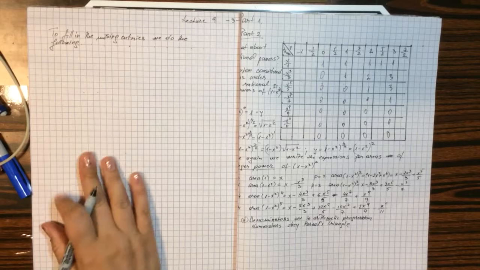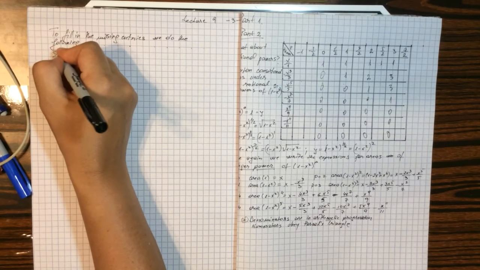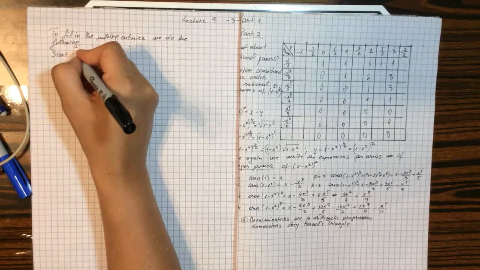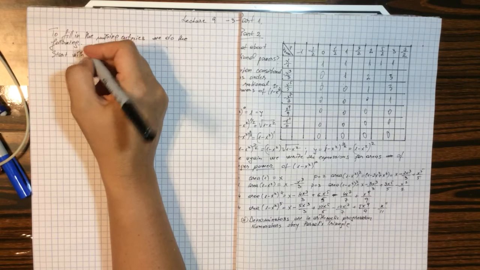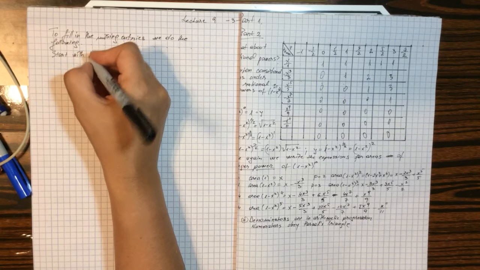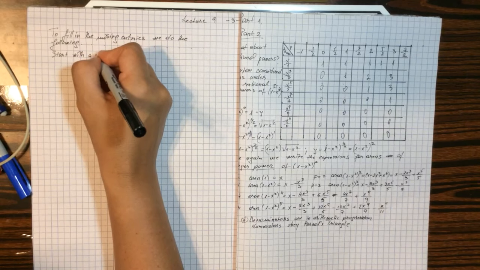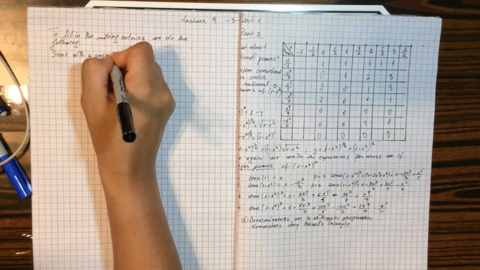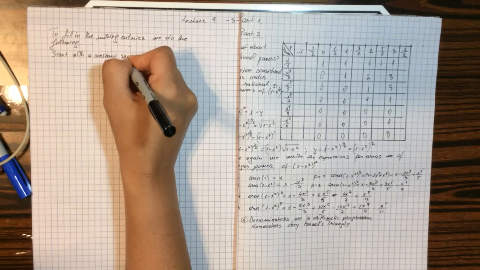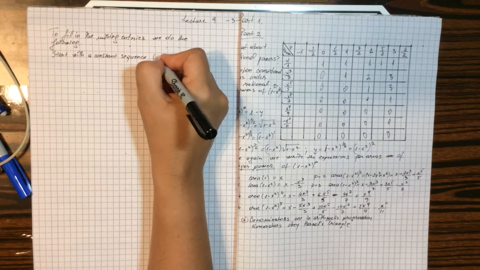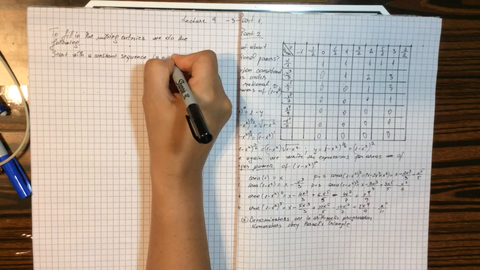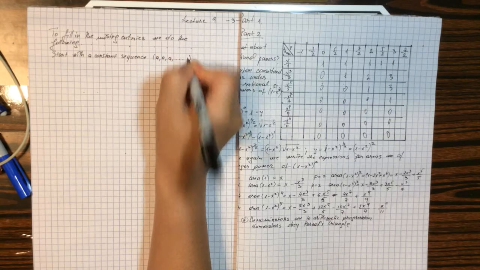Of course, I'll do an example. We'll start with a constant sequence of entries. Let me call those A, and so on.